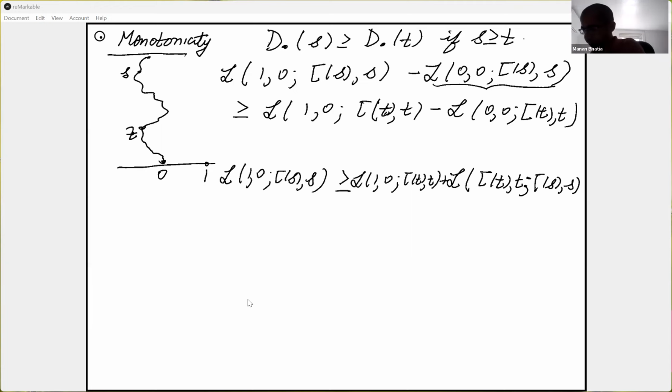And this is just by the reverse triangle inequality which I was saying. What this is saying is that if you want to measure the passage time from 1 to gamma S, that passage time is better than going from 1 to T plus taking the geodesic from T to S. That is, of course, true, because the left-hand side is the maximum over a larger collection of paths. So this is the proof of the monotonicity.